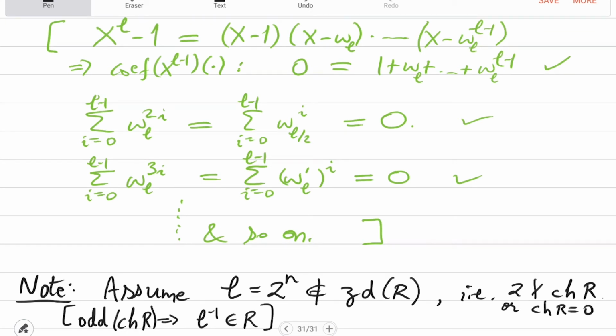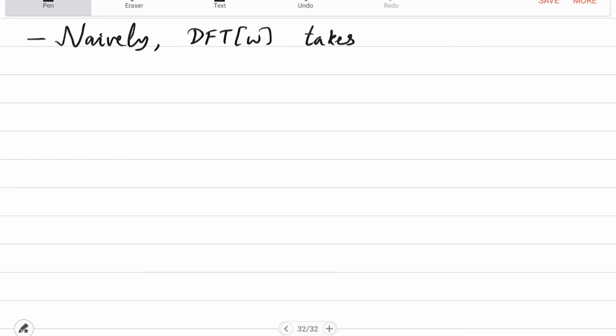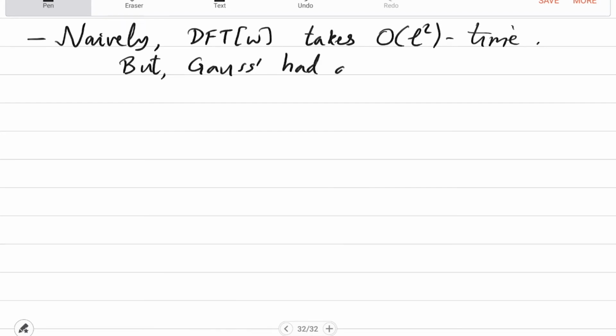Right, so now we can see Gauss's trick. How do you compute the DFT faster than L square? Gauss had a better idea.